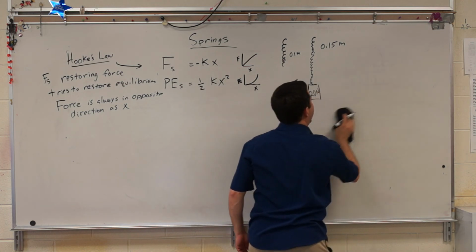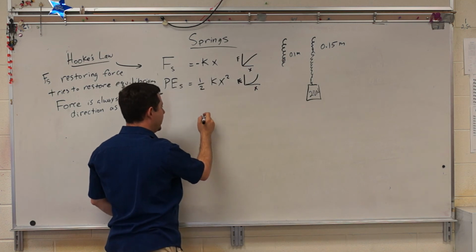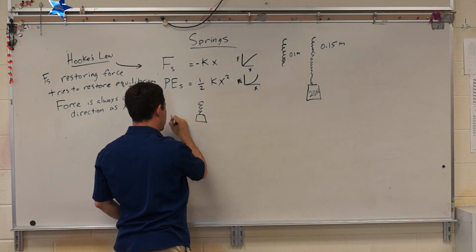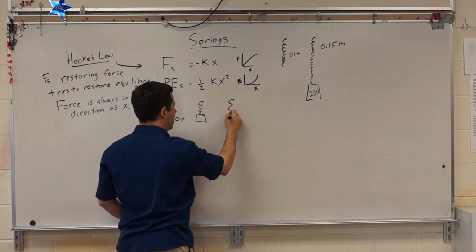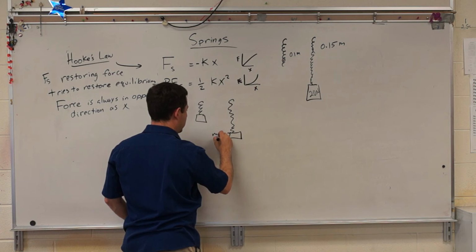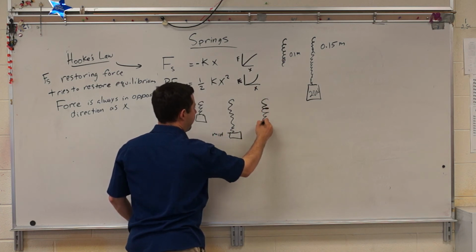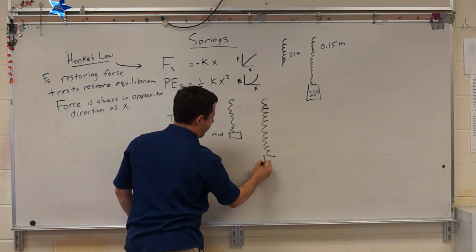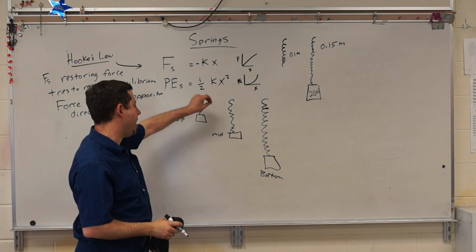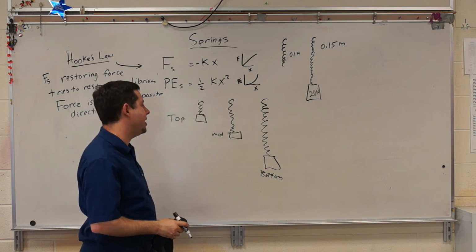And what you'd find is that the spring energy, let's see if this is the top. This is the middle. And this is the bottom. And it would be going up and down and up and down.